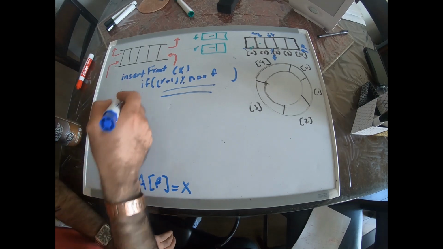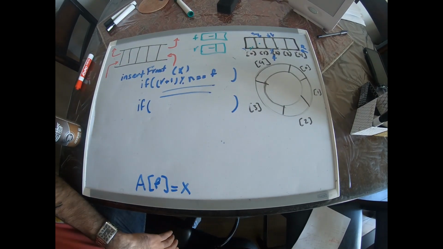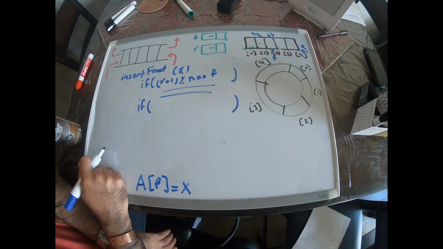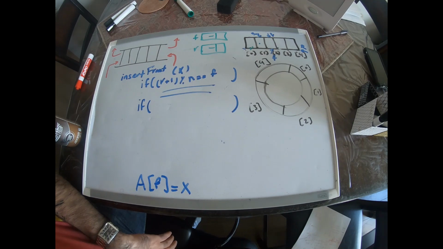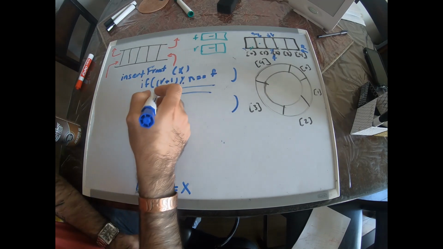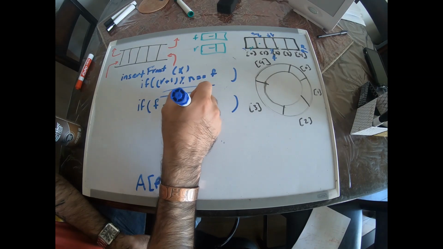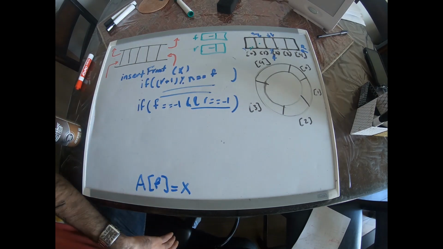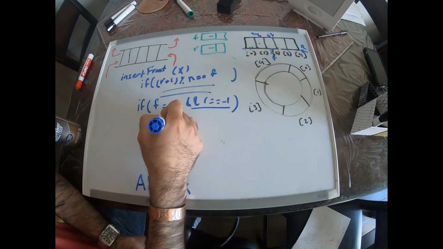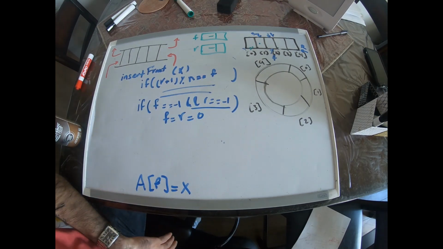So again, we want to make sure if this is the first insertion that we want to do in the deck. If that's the case, if front is equal to -1 and rear is equal to -1, this is optional, then we just want to say front and rear are both equal to 0. Okay.